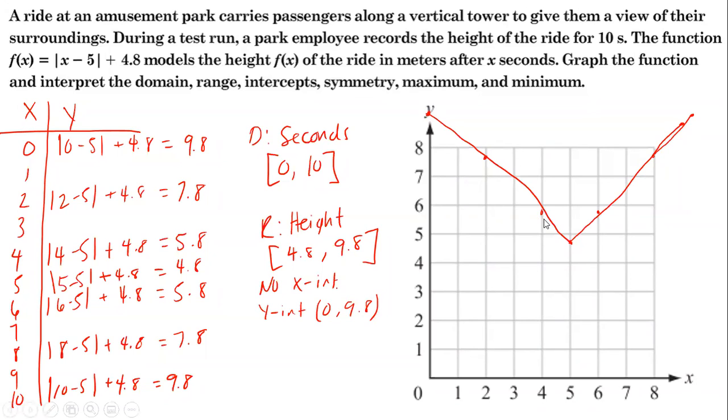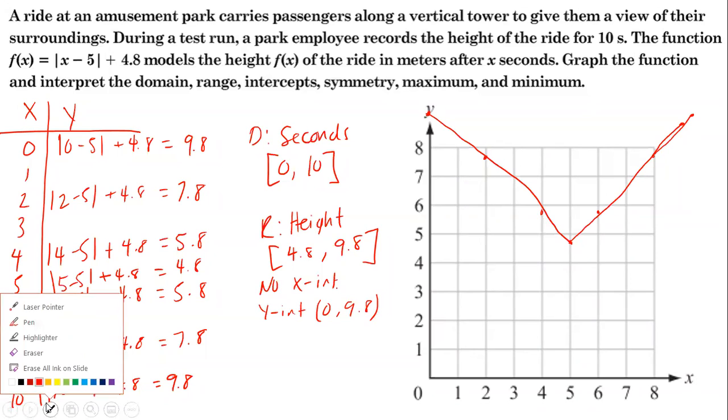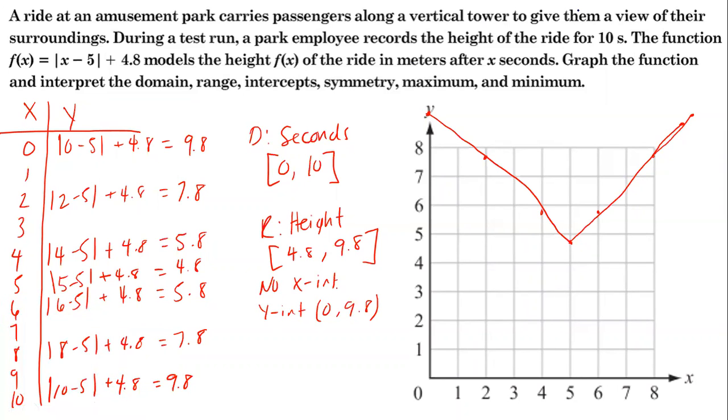And then our max and our min. I'm going to write it on the graph. So our max and our min here, on our interval that we have, would be what? Oh, I skipped something. Symmetry. All right, symmetry.